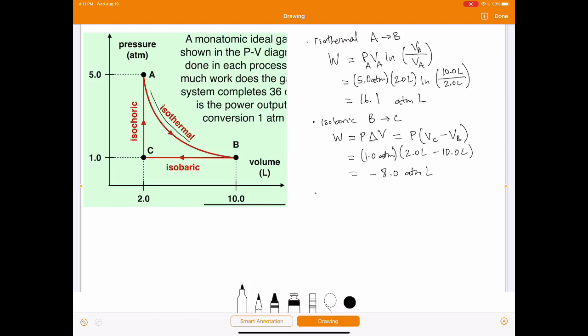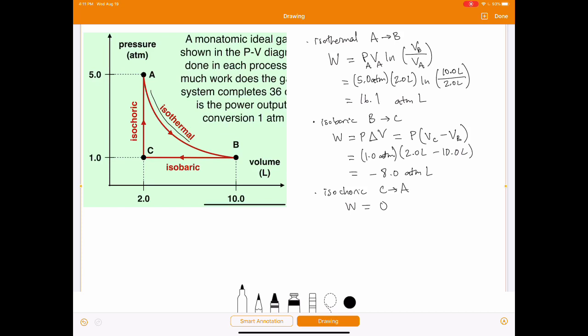Okay, then we'll do isochoric, which takes us from point C to point A. So back to where we started now. But this one is super easy because the work is just 0, right? If there's no volume change, we learned that there is no work being done by the gas.